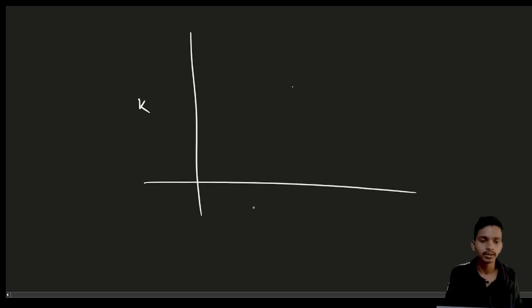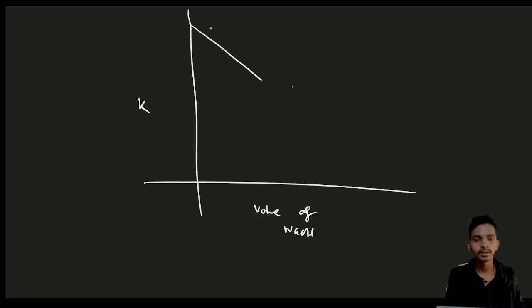So this is kappa, against volume of NaOH. So this is, let's say, acid. So this is HCl plus NaOH, and HCl is decreasing, synthesizing NaCl. And after that here HCl is over, HCl is finished.